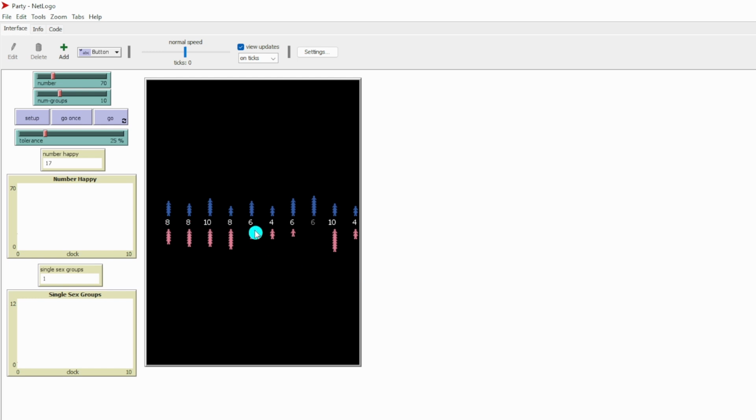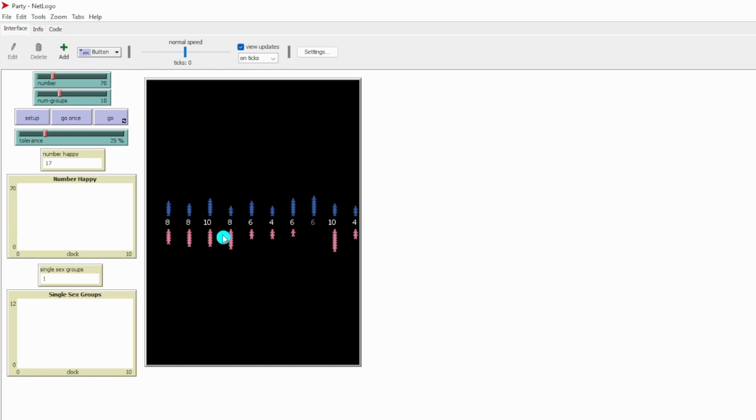The number you see here is the group size. 8 means this group, the first group, has 8 people. Blue color means men partygoers and pink color means women partygoers. In the first group, half of them are men and half of them are women.